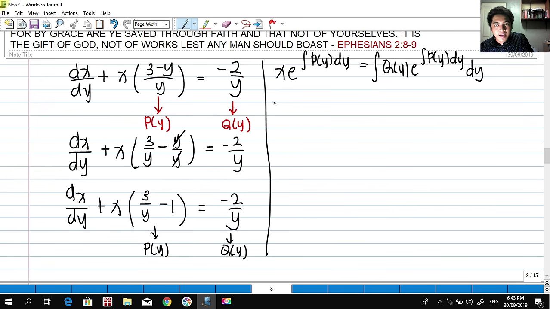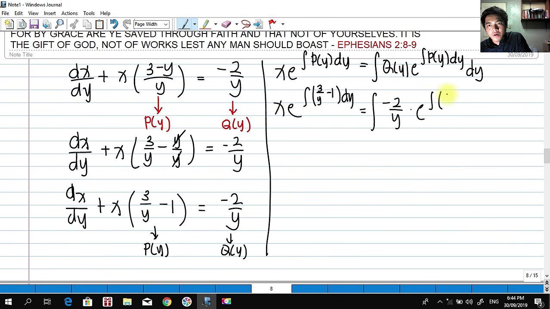Our x is simply x, that is our dependent variable, multiplied by e raised to the integral of (3 over y minus 1) dy, is equal now to the integral of q of y, that is negative 2 over y, multiplied by e raised to the integral of (3 over y minus 1) dy, and we have dy here.